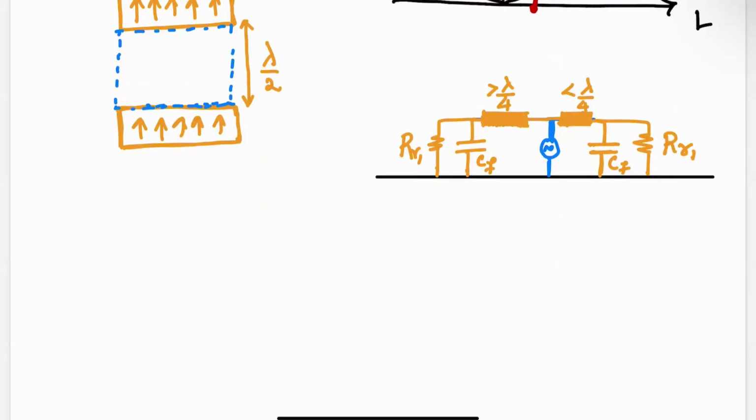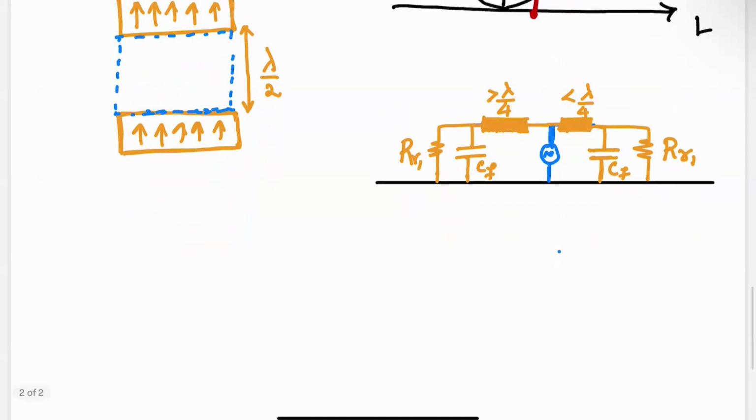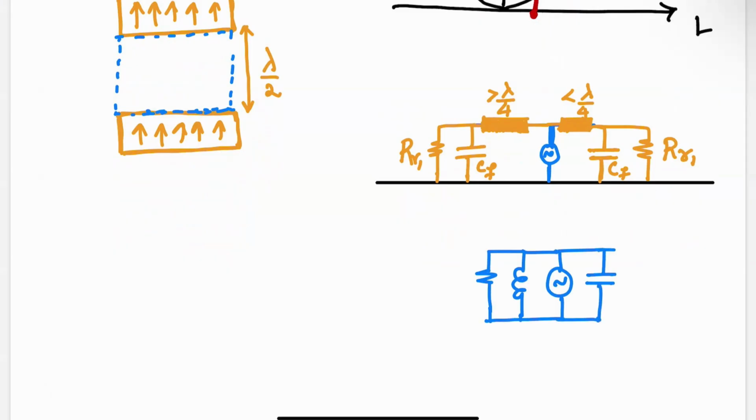Which means that from the point of view of this port, it looks like you have some kind of LR on the left, and on the right a CR load. And of course, you could say, what if I'm at a location on the Smith chart where this becomes a capacitance?